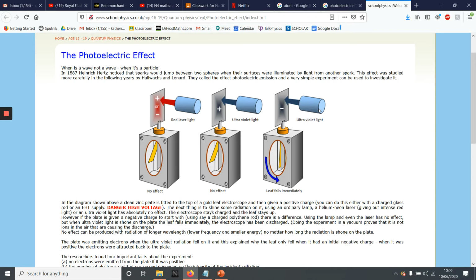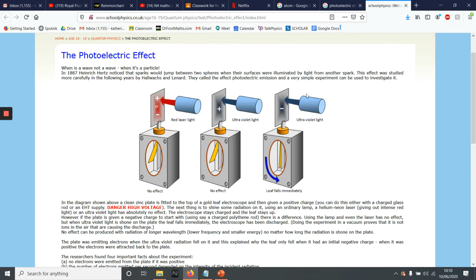The ultraviolet light has more energy associated with it because it has a higher frequency. The photons of higher energy come in, the photons are absorbed by the electrons, and because they have a high enough frequency, the electrons therefore gain enough energy to escape the atom entirely.